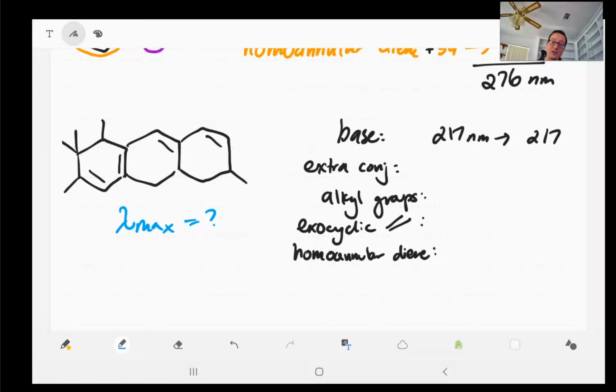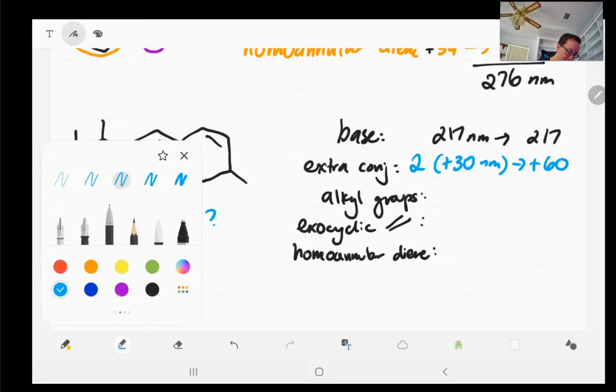So with that, we have 2 more bits. Do we all see how we have 2 extra ones? We start with 2 as our base value. We're going to add extra for every double bond more we have. So we have 2 extra double bonds at 30 each, which will add 60 to our lambda max.